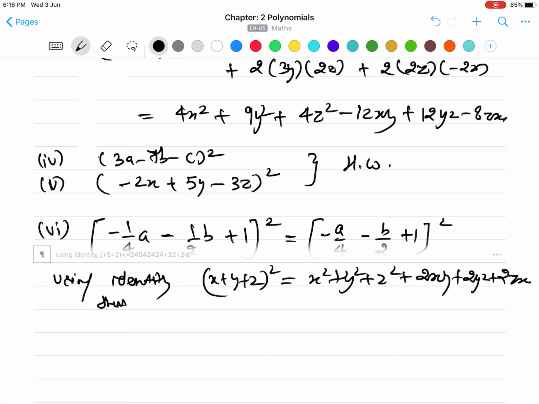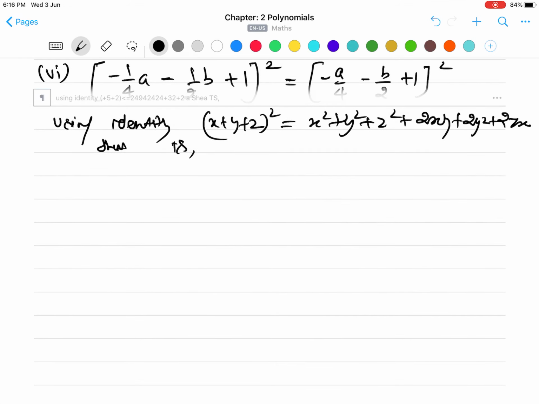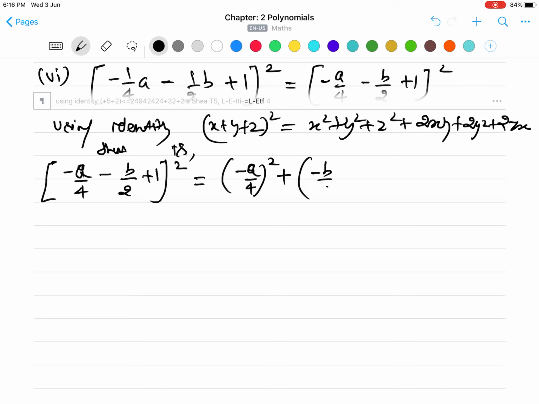So I'll write that we have (-a/4 - b/2 + 1) whole square. This can be written as, first x square, that means (-a/4) square. Then y square is (-b/2) square.